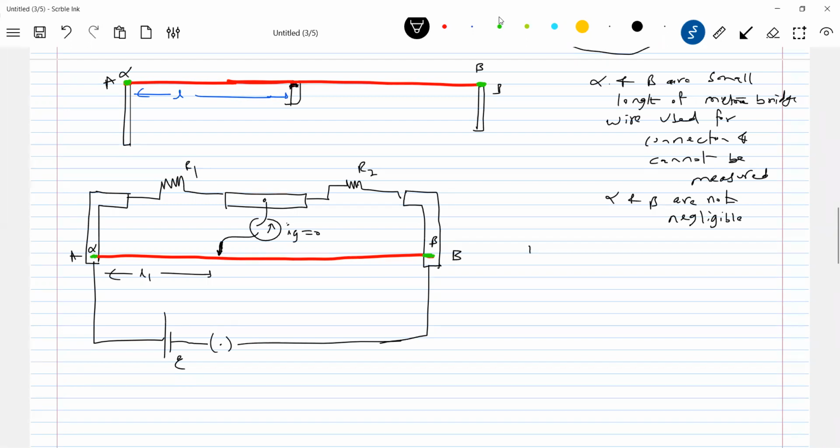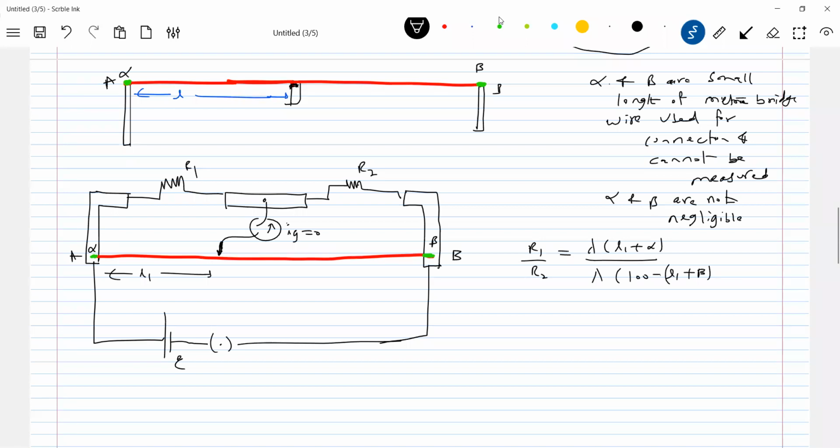So when the bridge is balanced, you write R1 by R2 is equal to P by Q. What is the resistance of this part? Lambda into L1 plus alpha. What is the resistance of the other wire? Lambda into 100 minus L1 plus beta.